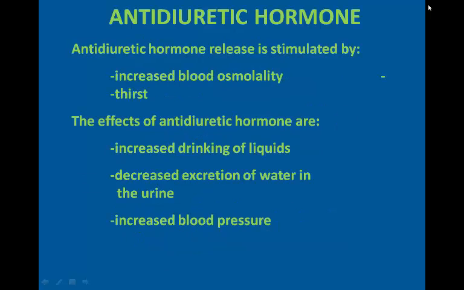The other hormone of the posterior pituitary is antidiuretic hormone. The release of antidiuretic hormone, or ADH, occurs due to two main factors. One of these is increased blood osmolality. This has to do with the degree of dehydration of the blood plasma, I guess you could say.